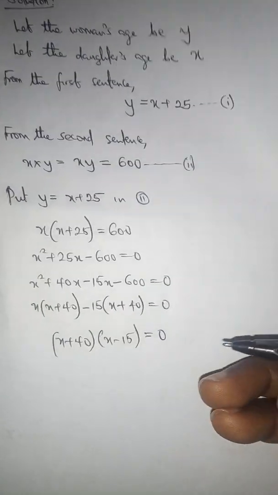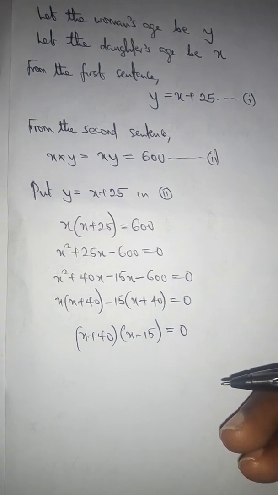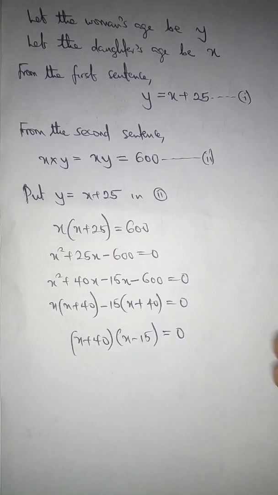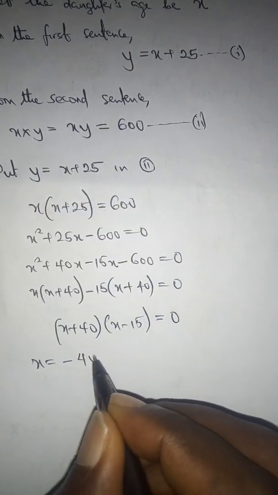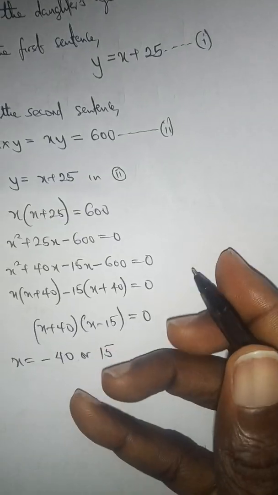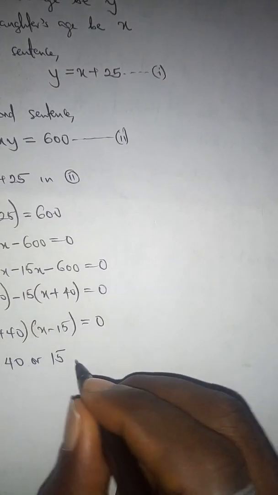And we know that the age of a human being can never be negative. It's always a positive number. So in that sense, we go for x equals 15. So x is minus 40 or 15. Since age cannot be negative, x equals 15.